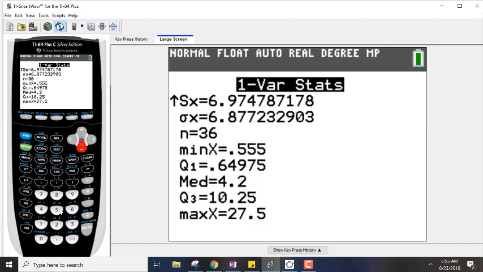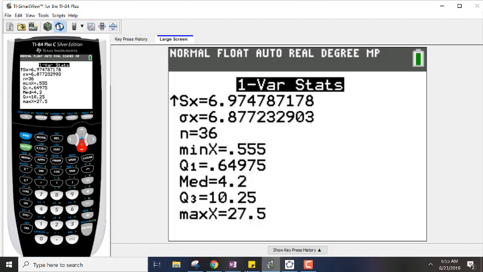Our IQR is Q3, or 10.25, minus Q1, 0.64975. When we subtract those, we get an IQR of 9.60025. In context, what does that mean? 9,600,250 is the spread of the salaries for the Cubs.